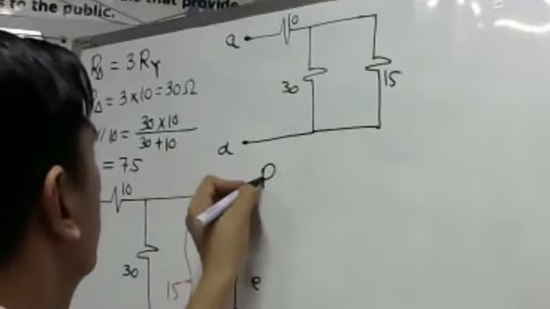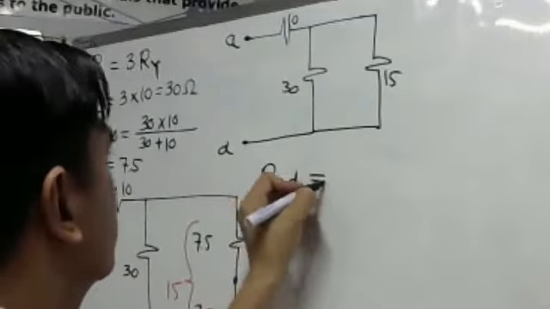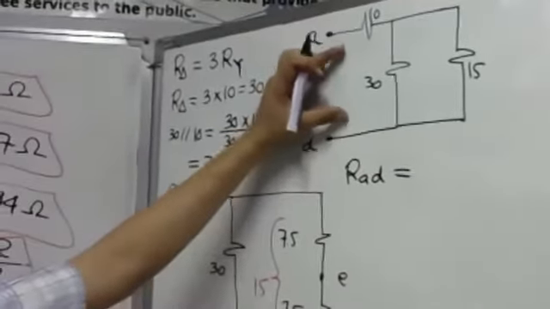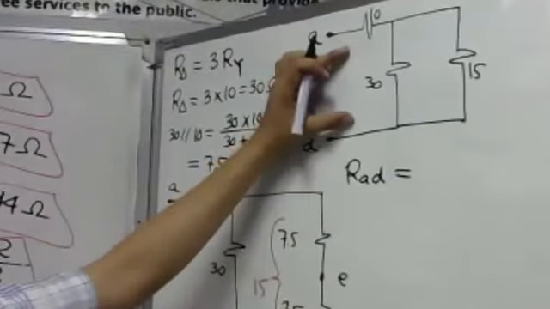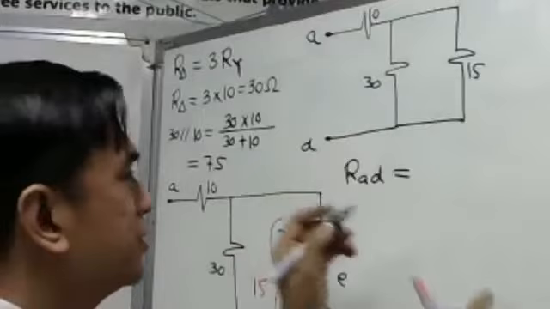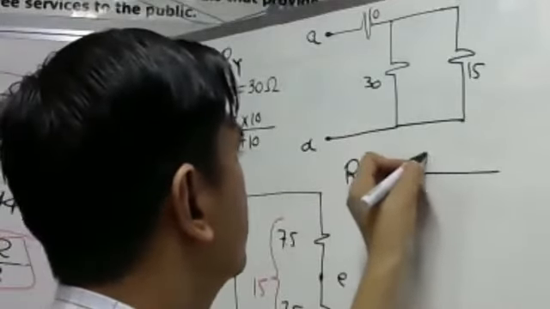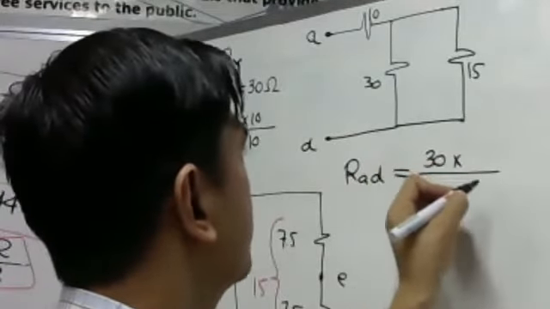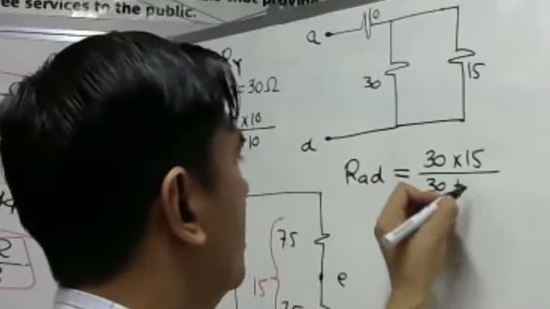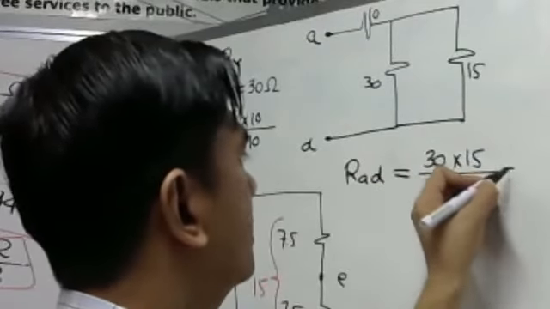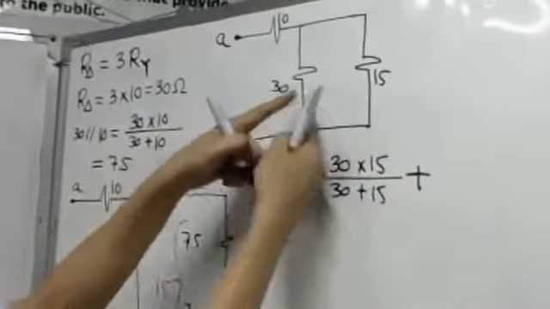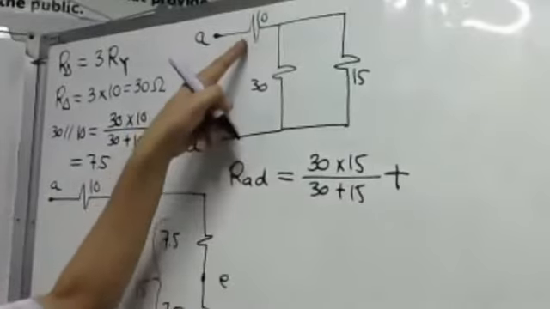So, therefore, our RAD, this is a simple series parallel circuit, right? Series parallel na lang ito, mga kawerpa. O, sige, unahin muna natin. Let's go first with the parallel combination of 30 and 15. So, we have 30 times 15 over 30 plus 15. And then, we have to add because the combination of these two is in series with the 10 ohm resistor here.